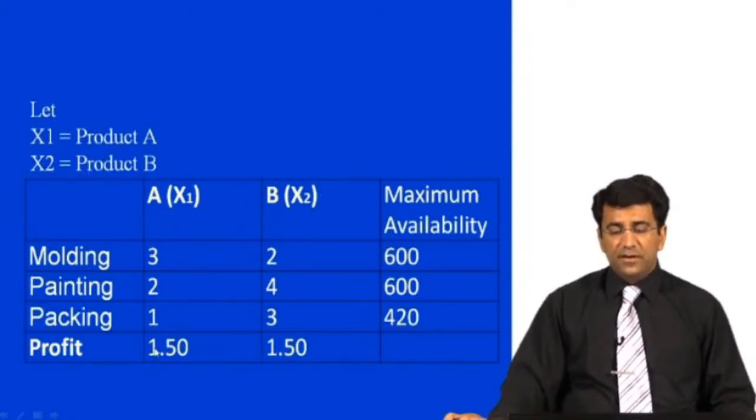And if you produce 1 unit of product A, we will get $1.5 profit, and if you produce one unit of product B, we will get a profit equal to $1.5. So this is the table which represents the whole situation in this illustration.